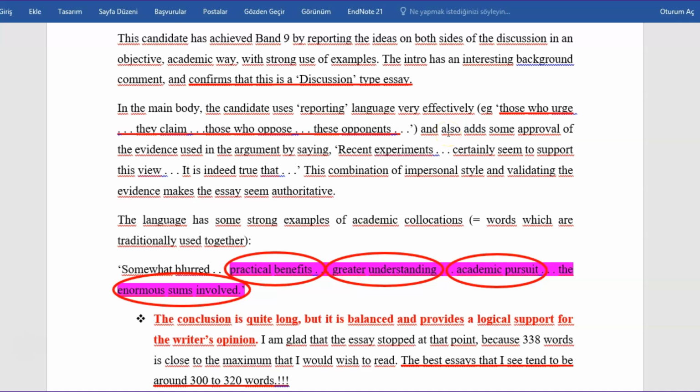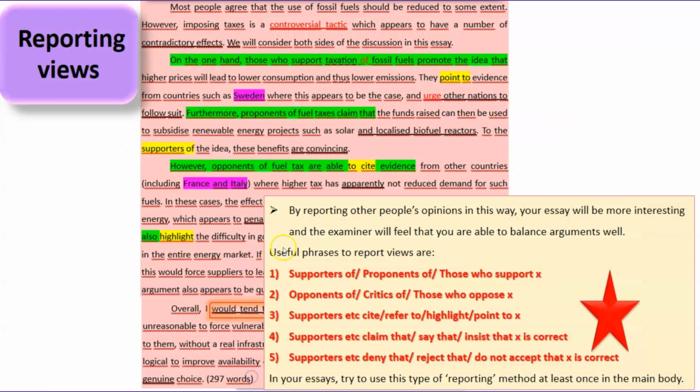And then the candidate used reporting language, how we should report views. For this, please take a look at our previous videos regarding reporting views, and please learn and use it in your writing tasks. For example, supporters, proponents of, those who support X, and so on.